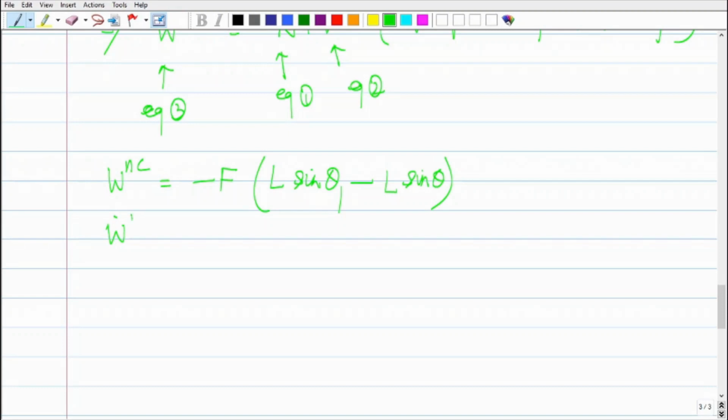So W dot NC is simply minus of F into, see, theta 1 is a constant, so this is not going to come, into minus L into cos theta into theta dot, is equal to F into L into cos theta into theta dot.